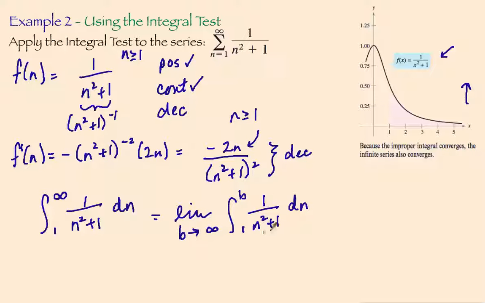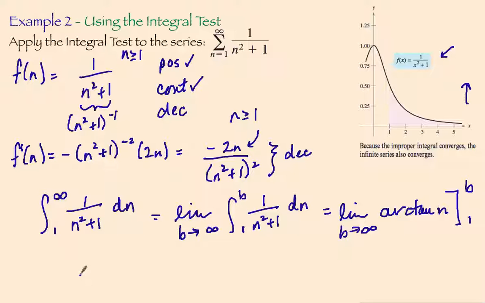Now you can see that this is just the arctan integral pattern, and so the integral of 1 over n squared plus 1 is going to be arctan of n, and then we're integrating that from 1 to b.